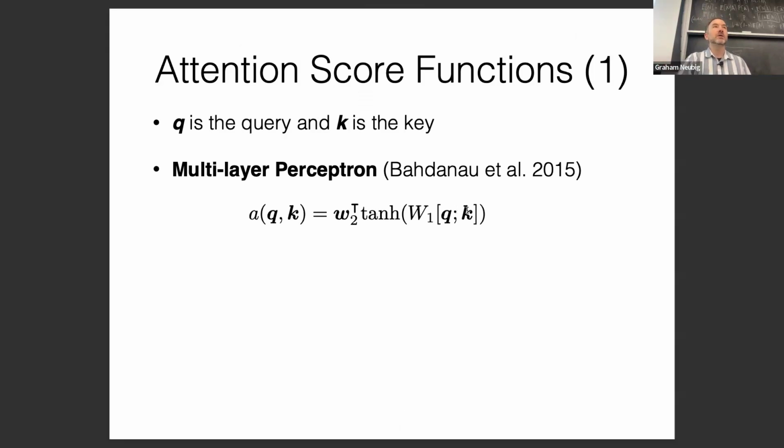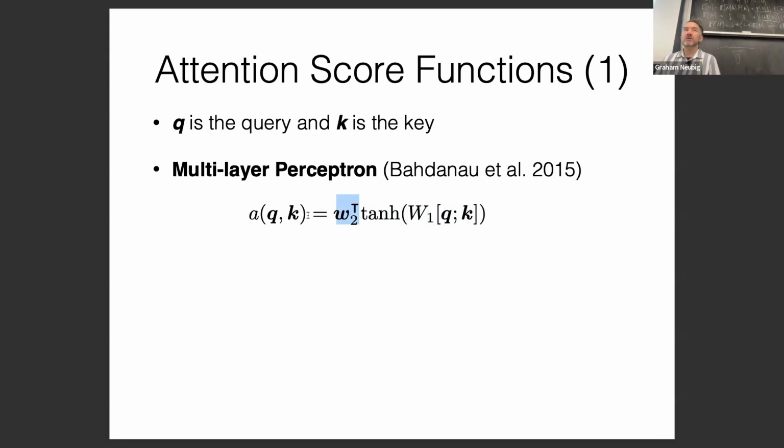What you do is you take the query vector and the key vector, multiply them by a weight matrix, and extract features from it. So you do the standard linear transform plus nonlinearity. And then you multiply this by the transpose of a vector to give a single scalar corresponding to the attention weight.